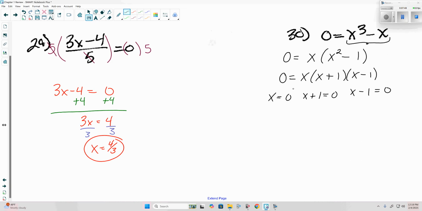Well, the nice one is the first one. It's just x equals 0. For our x plus 1, we would subtract 1 to get x by itself, telling us x is equal to negative 1. And lastly, with our x minus 1, we would add 1 to both sides.